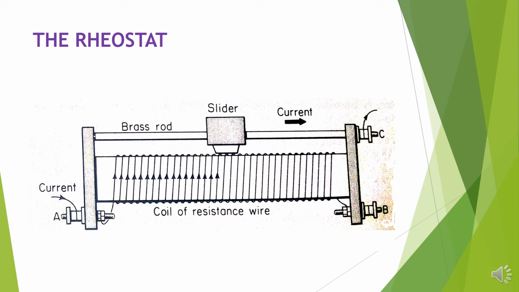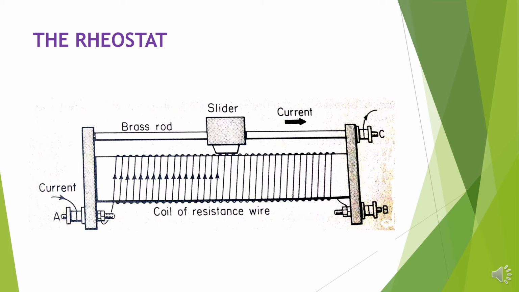So the section of the wire that has arrows on it is the part of that wire that is within the circuit. So at point A, at the extreme left hand side, the current flows into the rheostat, and then it passes through the slider and goes out.